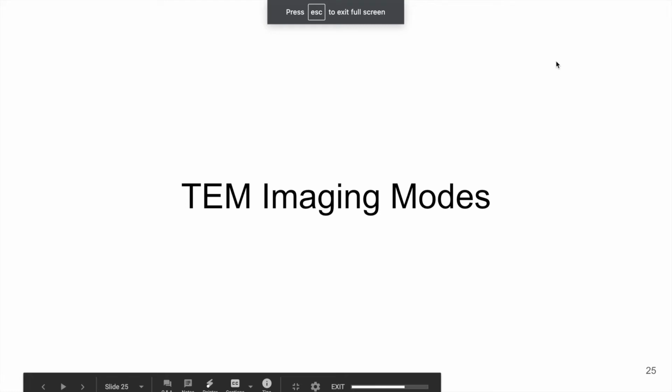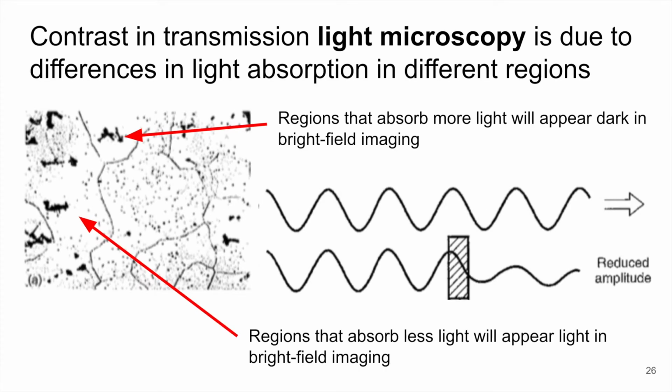All right, in this module, I want to start talking about the contrast that we can generate in TEM imaging modes. So I want to start with a comparison to what we've already talked about. We've talked about light microscopy, and particularly transmission light microscopy, which compares the best to TEM.